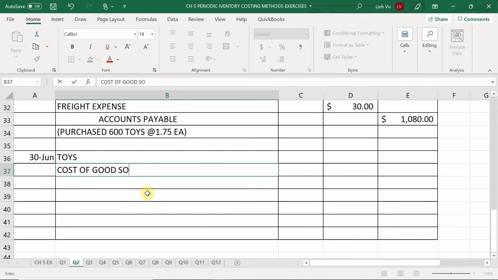Because in this case, right, the purchases that I made, I never retained all of them. I end up selling them along the way. Okay? And what else? Purchase expense and freight expense. Good.